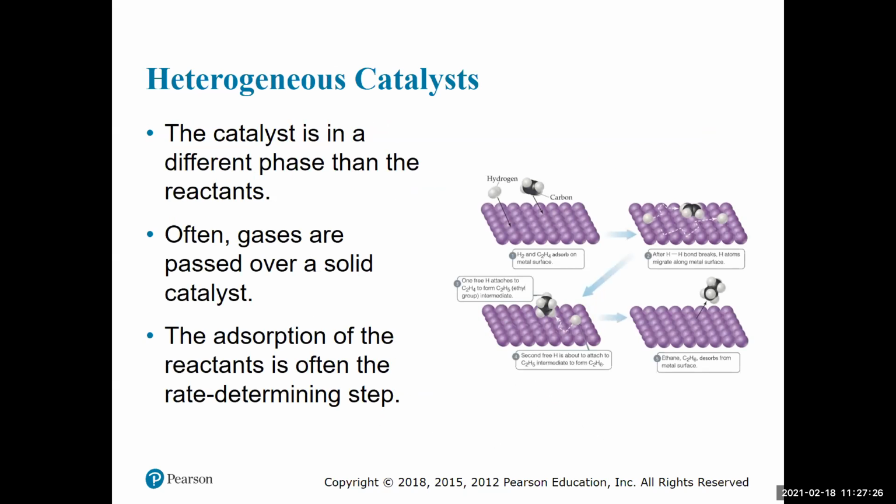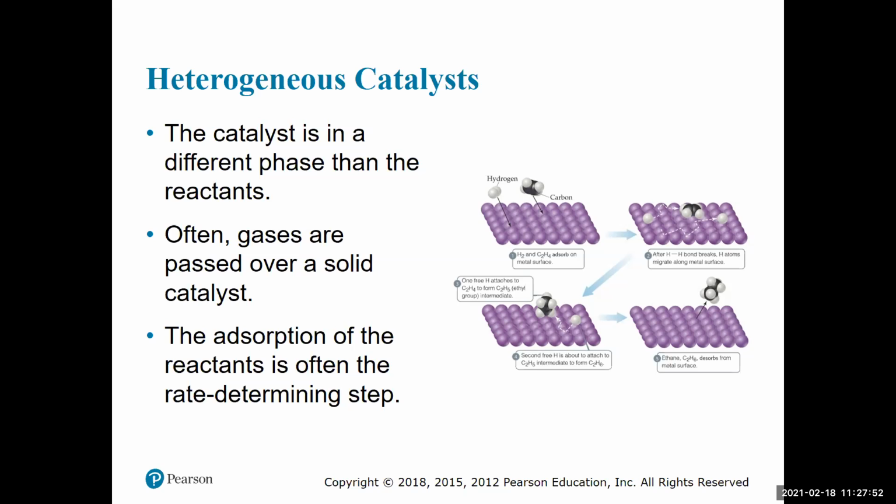Heterogeneous catalyst, so there's a couple versions of this. The example we have here in the slide has a solid catalyst bed with gas flowing over it. And this is a catalyst type that I bet all of you use, if not every day, close to every day.